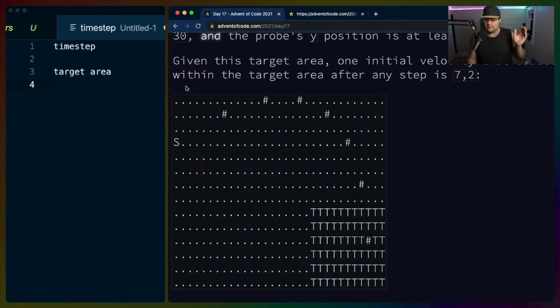We only get the time steps. We basically can't be in this middle position right here between the two dots. We can only be on the integer spots for each step.